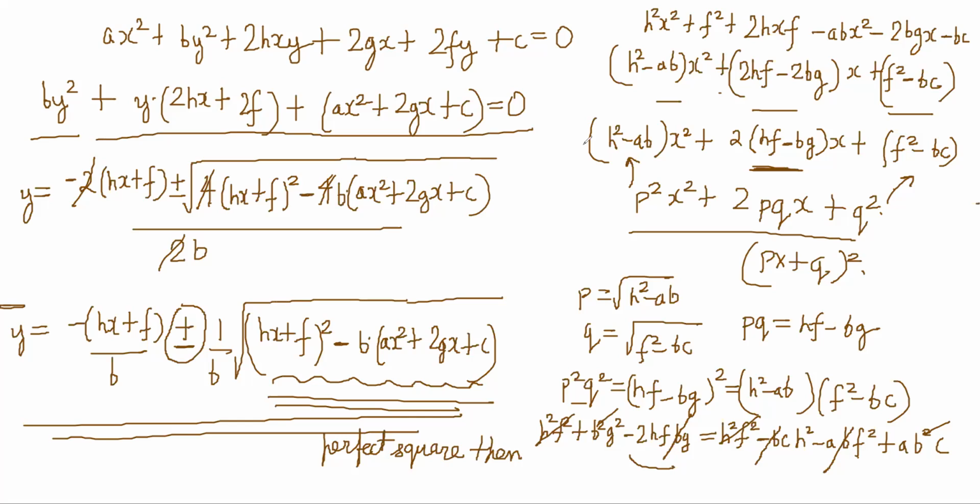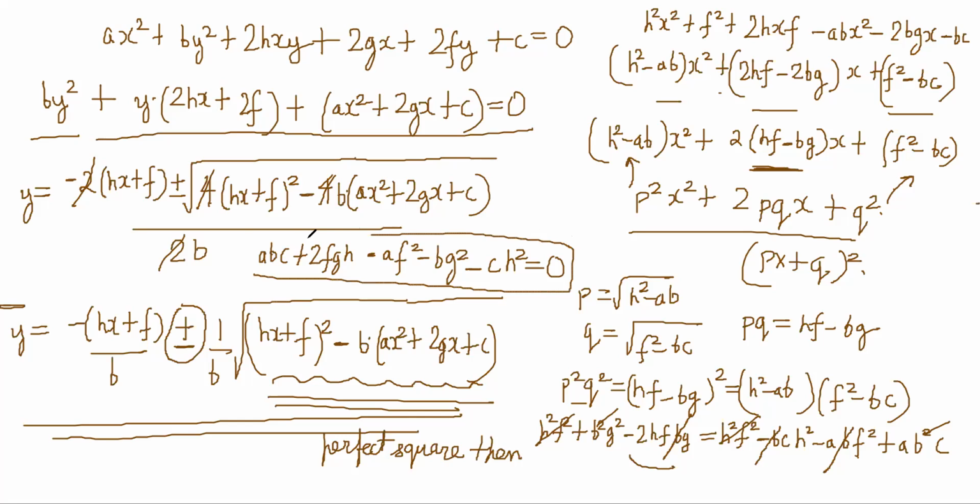It will look like this: abc plus 2fgh minus af square minus bg square minus ch square is equal to 0. That is the condition that ensures that the thing inside the root is px plus q whole square.